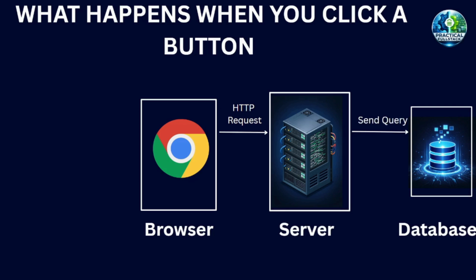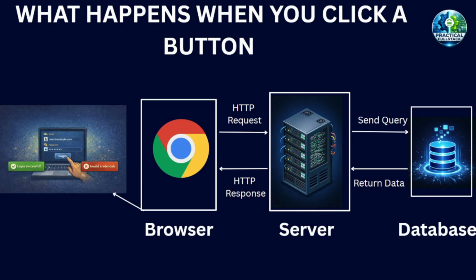The database processes that request and returns the result back to the server. Based on that result, the backend sends an HTTP response back to your browser. And finally, your front end updates the screen, either showing login successful or invalid credentials. This complete flow from request to response, that's backend in action.